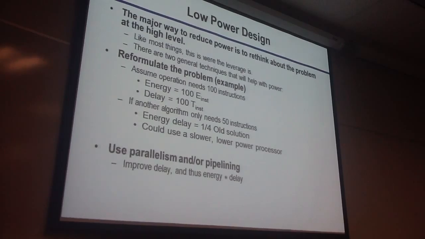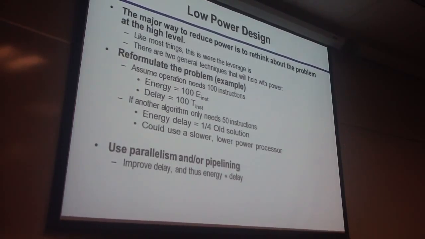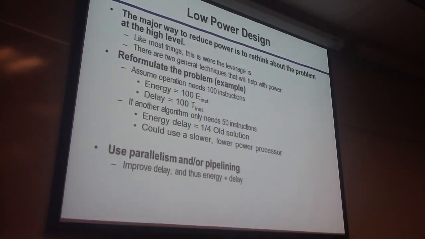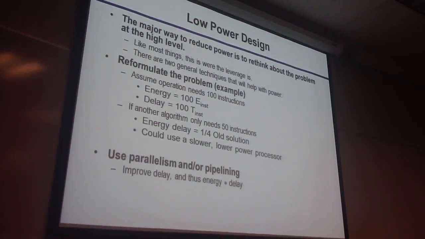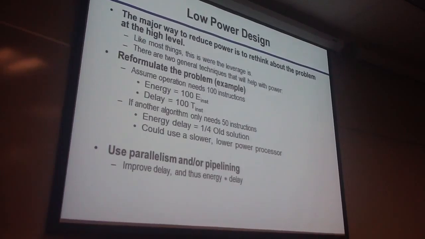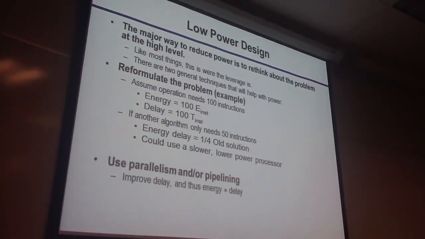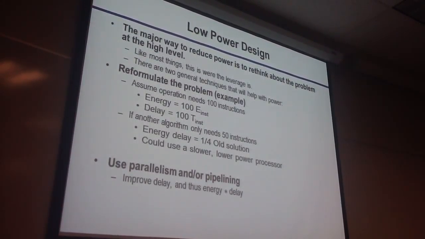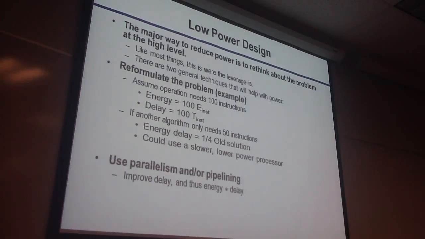All right. So here, the low power design thing, the major way to reduce power is to rethink about the problem at the high level, right? Now, so that's the thing about trade-off, delay versus performance is ultimately what you are going for, okay? Now, a lot of low power comes from how you architect things. In fact, you get more improvement in performance when you rethink the architecture, right?